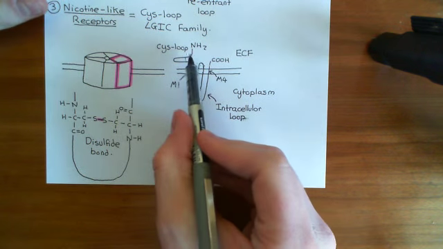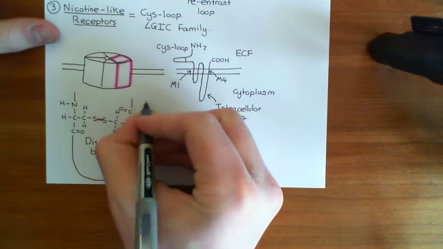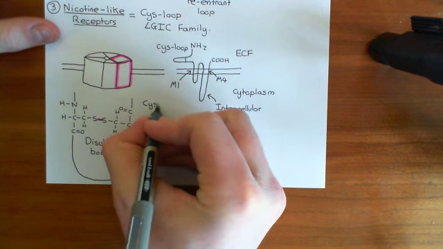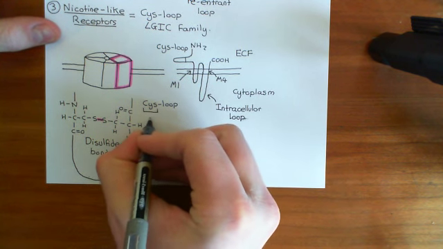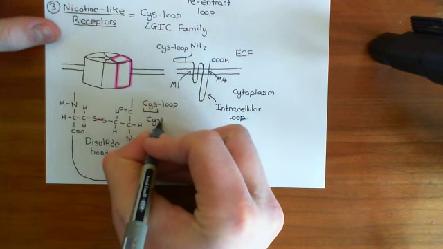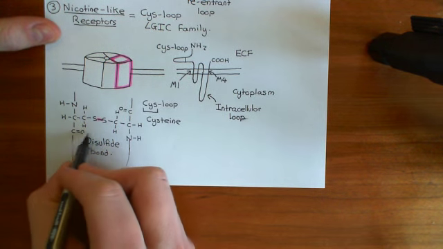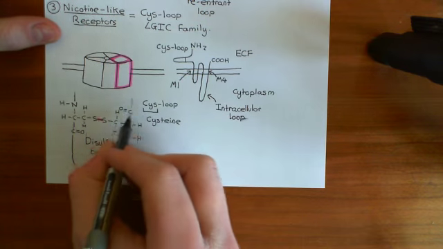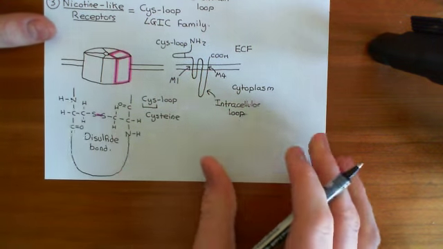So this structure, which is a loop in the polypeptide structure, is called a cys loop because Cys is the three-letter amino acid code for cysteine, and cysteine amino acids are the amino acids which hold this structure together. So this is a cysteine amino acid, this is a cysteine amino acid. So that's why it's called a cys loop.